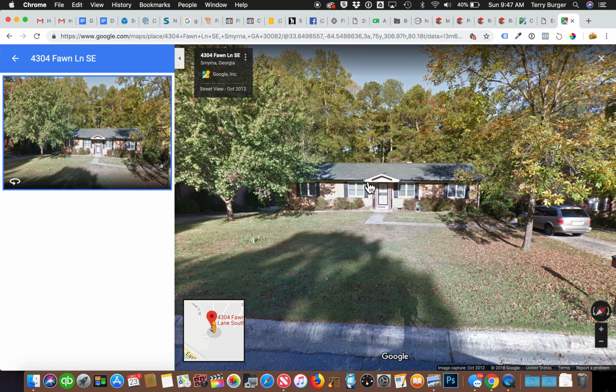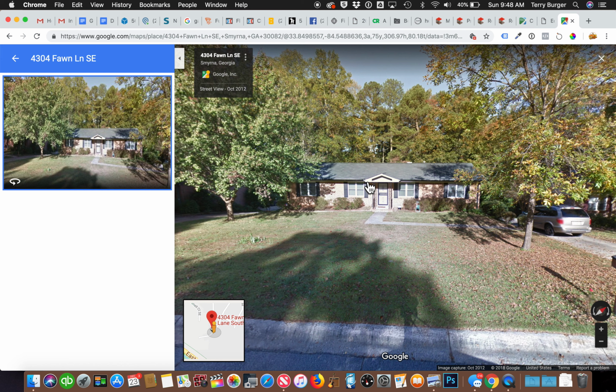Let's say that we have this one under contract for $170,000, and it needs $55,000 in repairs. So $170,000, if you're taking notes, plus $55,000 in repairs, we would be all into this house at $225,000.